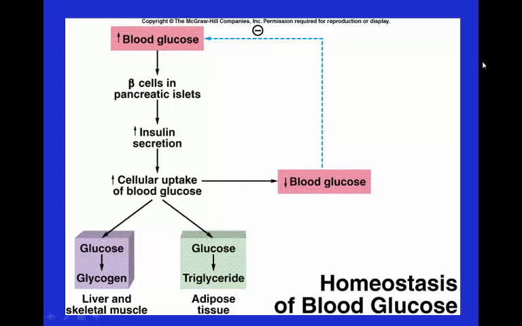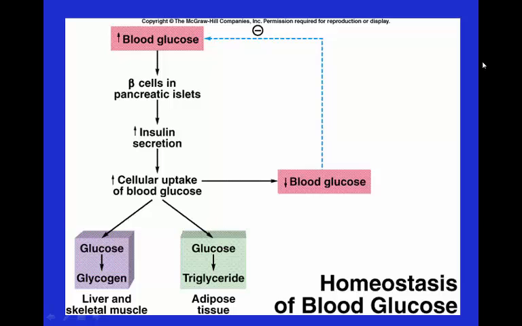The homeostasis of blood glucose is a little more complex than this, but this slide does it justice pretty well. If you look at the red box at the top of the slide, you'll see there's an increase in blood glucose level because the person just ate. The pancreatic beta cells will increase their insulin secretion, which causes cells to take glucose up out of the blood. These cells particularly are the liver and muscle cells, adipose tissue cells, and certain other types of cells, but these are the main ones.